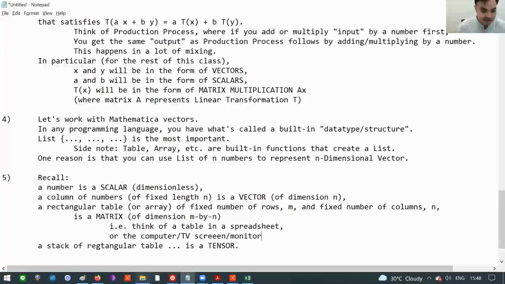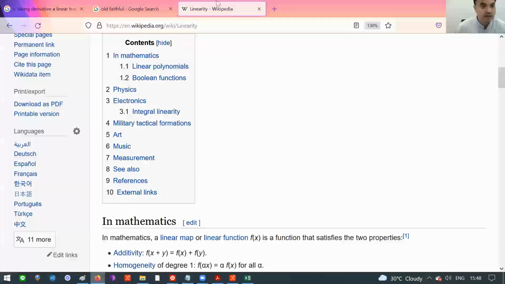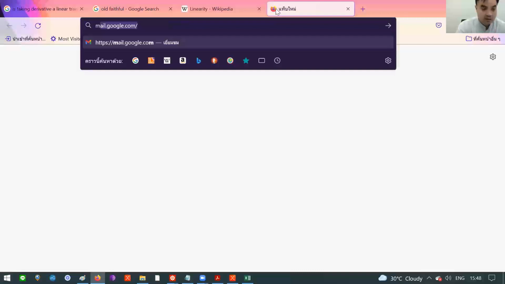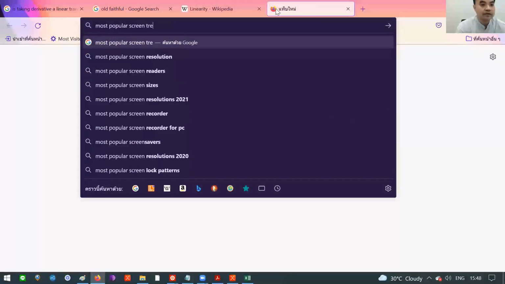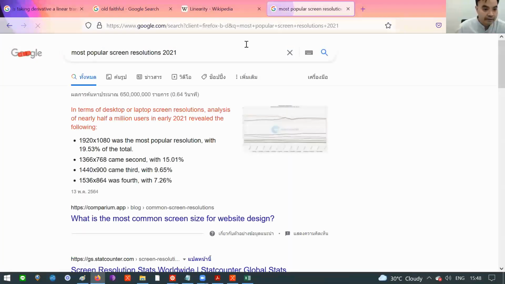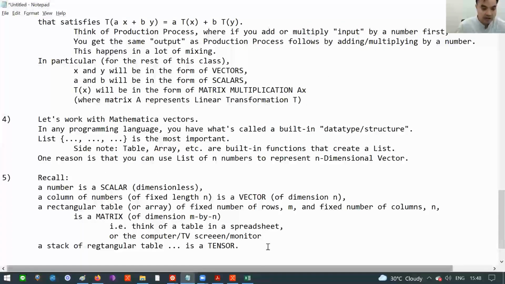I forgot. Most popular screen resolution. Okay.